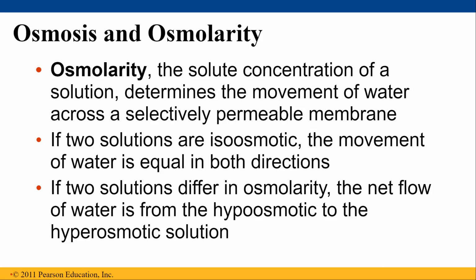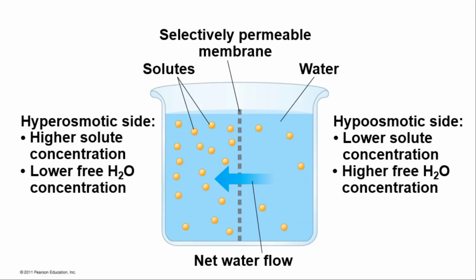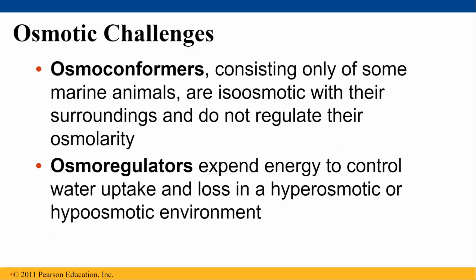So it's just another vocabulary term to be familiar with. But think of osmolarity as simply the molarity and how the molarity of that concentration will cause the water to move across a selectively permeable membrane. So we're just simply looking at the movement of the water.